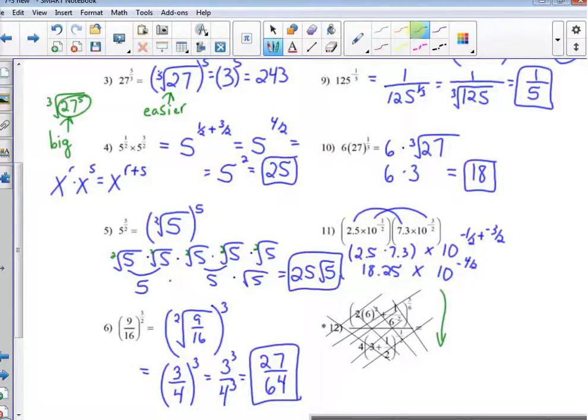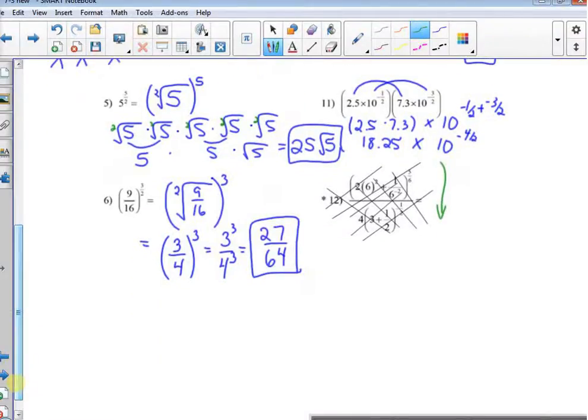So I'm going to have to, I think, take this one down below here. I'm running out of room. So I have 18.25 times 10 to the negative 2. Okay, at this point, we could convert this to scientific notation, or you could actually divide it if you want. 18.25 times 10 to the negative 2 means that you would take the decimal point and move it 2 places to the left.